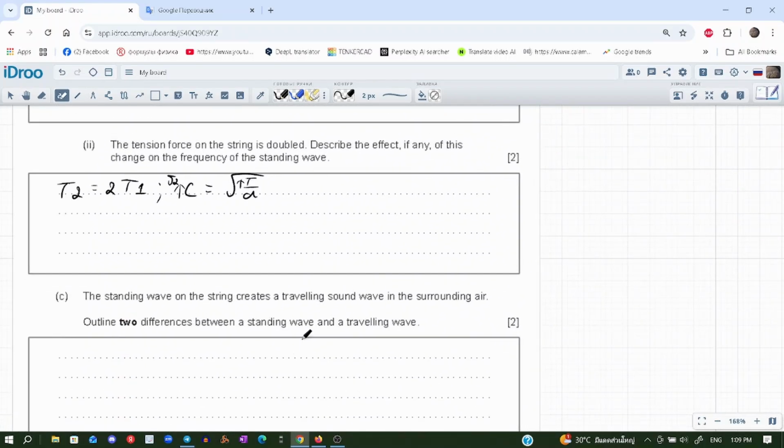It's increased by a factor of square root of 2, and if the speed is increased by a factor of square root of 2, we know that frequency equals c over wavelength lambda. So if c is increased, f is increased the same way, by the square root of 2. This is the answer.